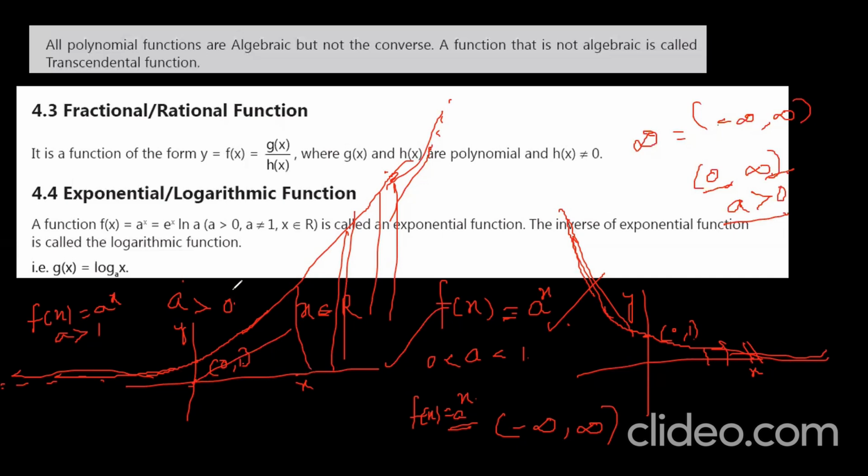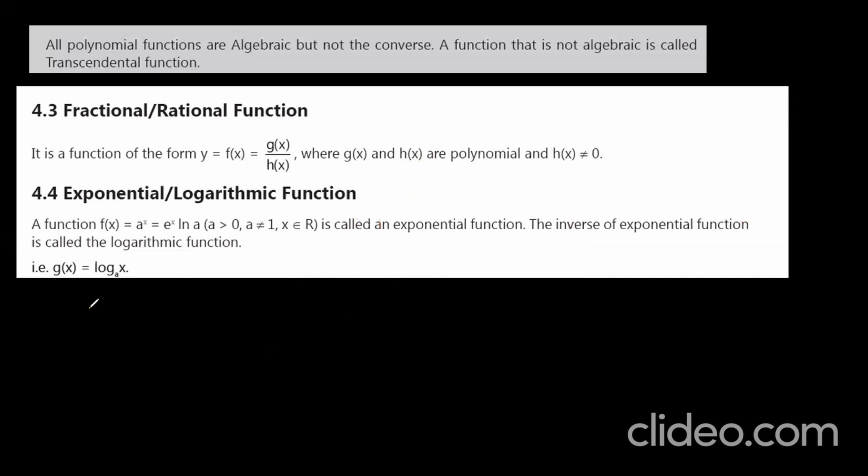If you see the logarithmic function, it is also similar. The logarithmic function is f of x is equal to log x to the base a, where a greater than 0 and a not equal to 1. This is very important, and x greater than 0.